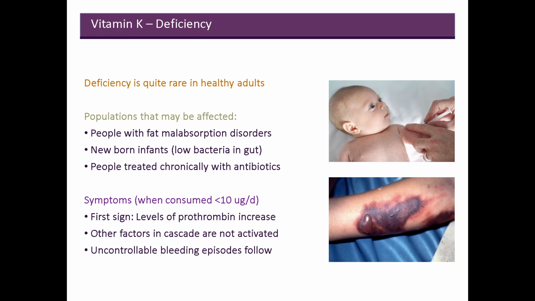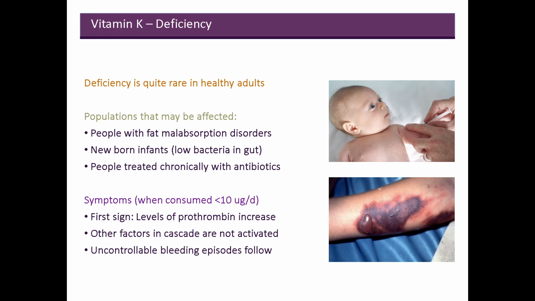Of course, this is a fat-soluble vitamin, so people who are having trouble absorbing fat may be at risk for the deficiency. Also, newborn infants, because of low bacteria in their gut, as we said, menaquinone is synthesized by gut bacteria. Also, people who are treated chronically with antibiotics have a low bacteria count, so they are also at risk for vitamin K deficiency.